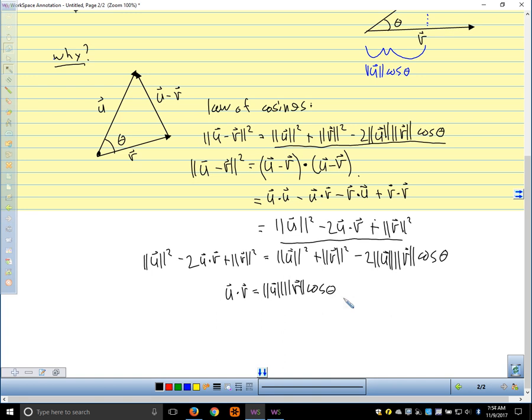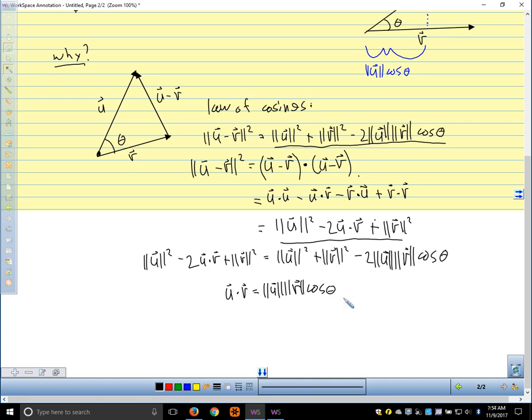So this is the type of argument using the properties of our dot product. We'll do a similar thing with properties of cross products. When we start talking about acceleration and velocity and tangential acceleration and normal acceleration, this kind of argument is what we do to come up with our equations. All right, are we good so far?